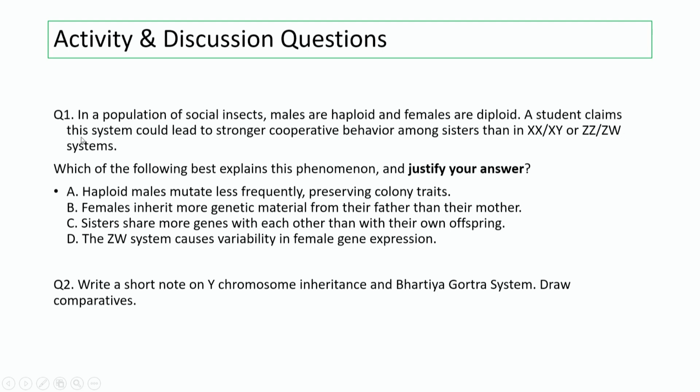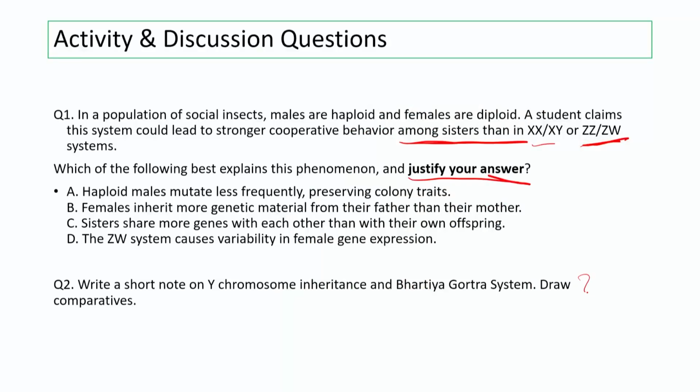A student claimed this system could lead to stronger cooperative behavior among sisters than the XX/XY or ZZ/ZW system. Which of the following best explains this phenomenon? You need to read these options and mark which option you think is correct, but you also have to justify your answer. So send me a paragraph to explain why you think the option you chose is correct.